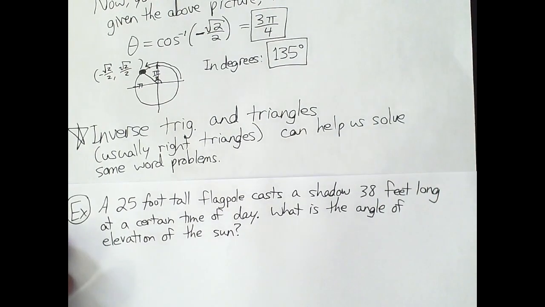So, what I want to say is that we did a similar problem to this, I think two lessons ago, when we were learning about right triangles and angles and trig functions. I think in that one we were trying to find the height of the flagpole. So it was similar, but this one is asking us to find the angle.